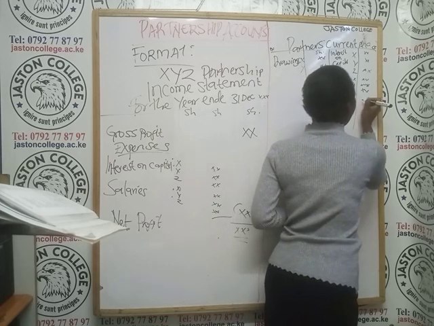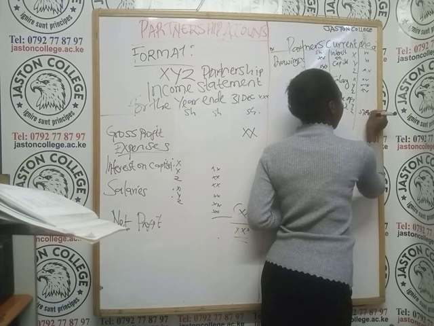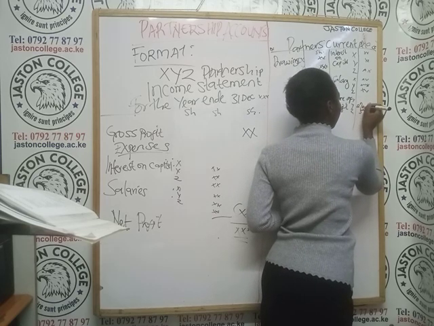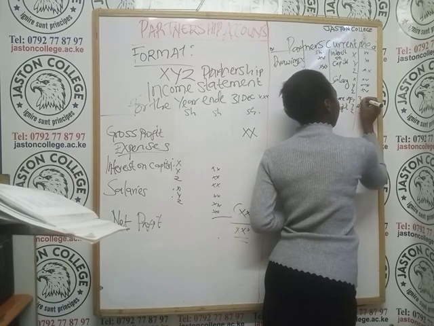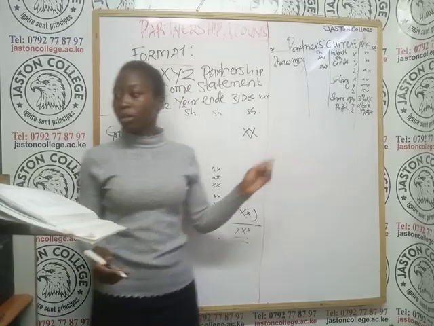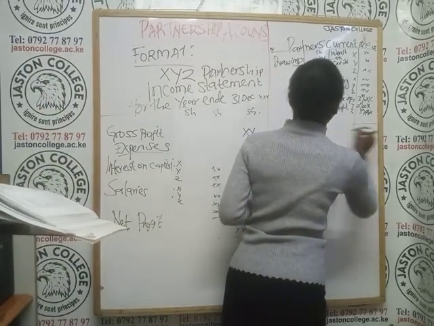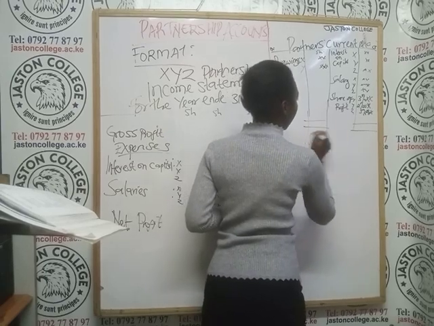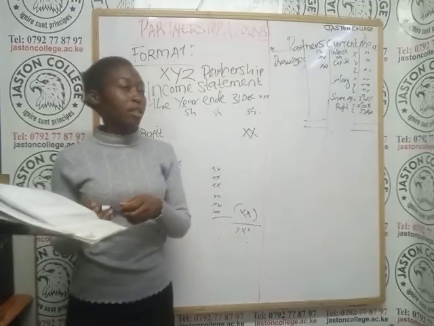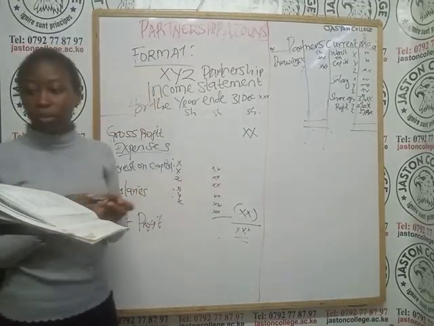Now we will put it here: Z 5%, Y 2%, X 3%. So this will be our partners' current account. Now we will close our accounts there. Now this is the format of getting the partners' current account.